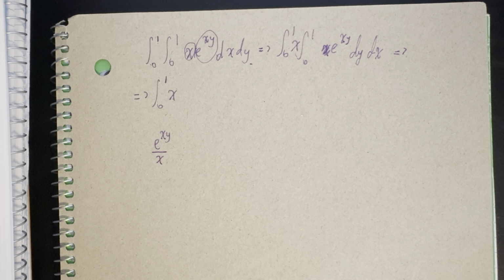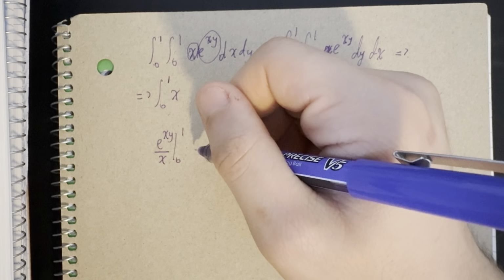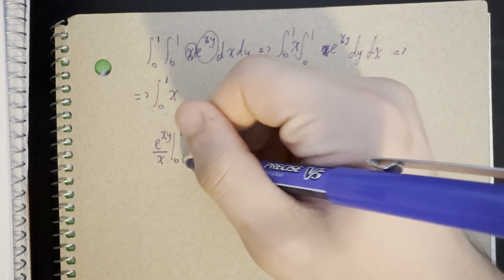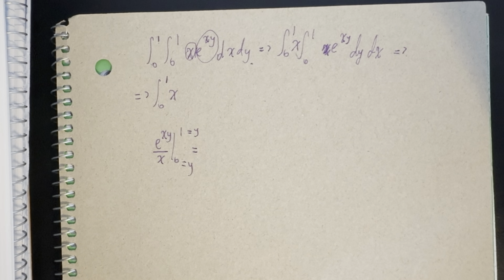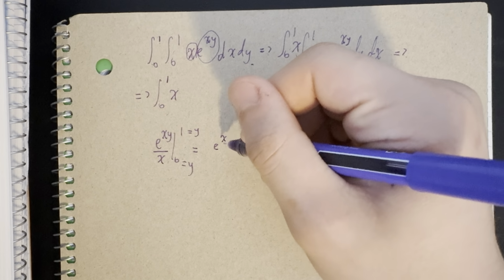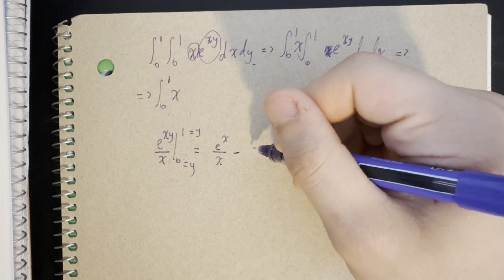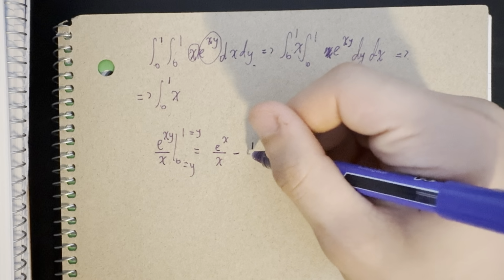Then it cancels out when you take the derivative. Okay, and then you have them going from 0 to 1. And these are y values, right? Because we're integrating in y. Okay, so this equals e to the x over x minus e to the 0, which is 1 over x.